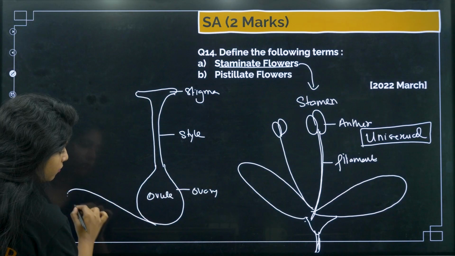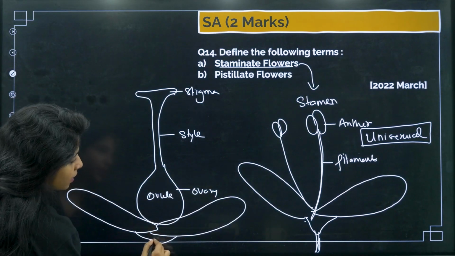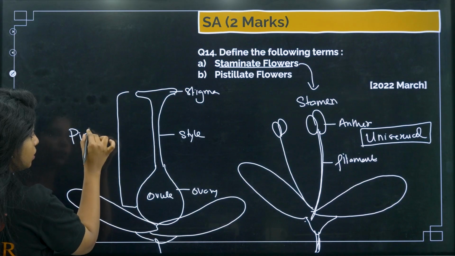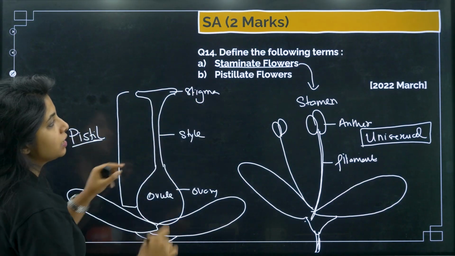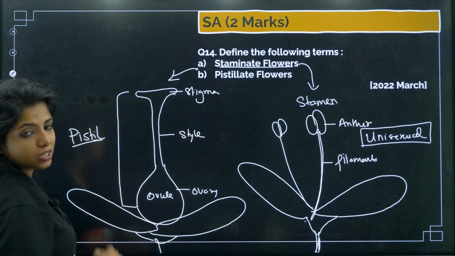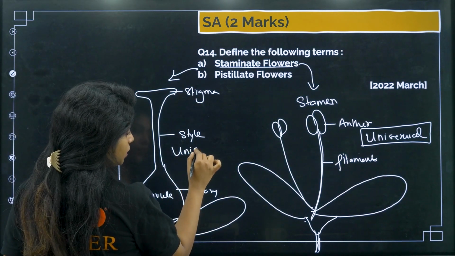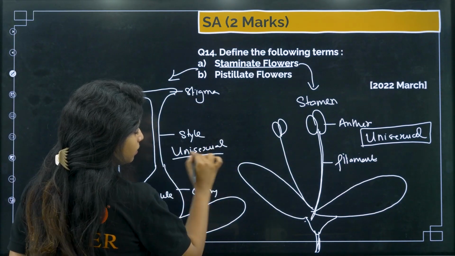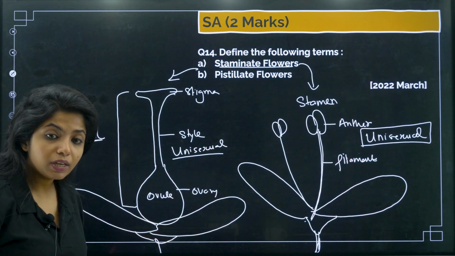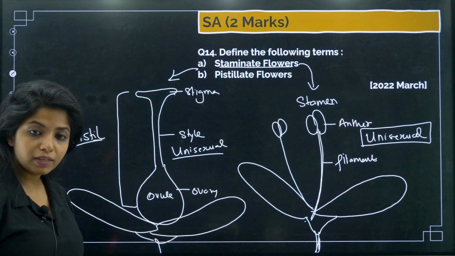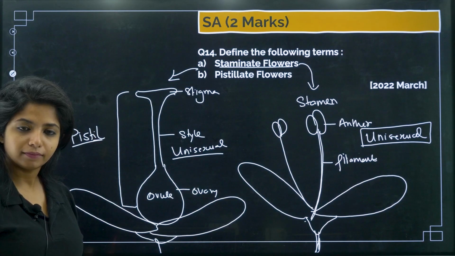Okay, now if a flower just has this, that is, it just has the pistil, you will call it pistillate flower. So can I say this flower is also unisexual? It just has one. They are known as unisexual flowers.